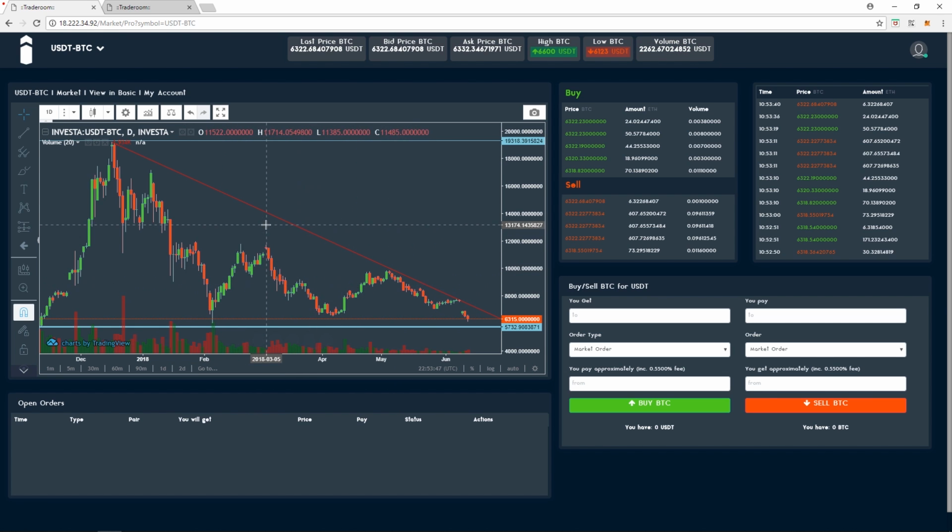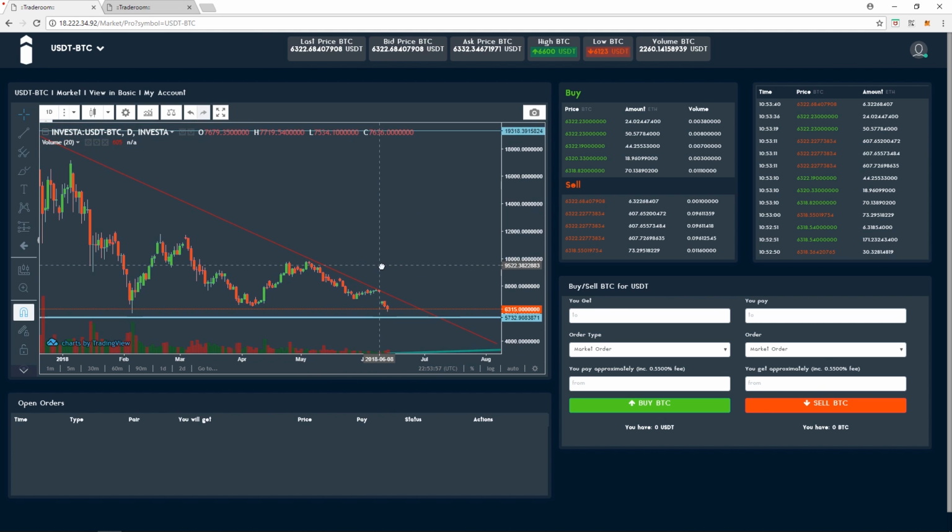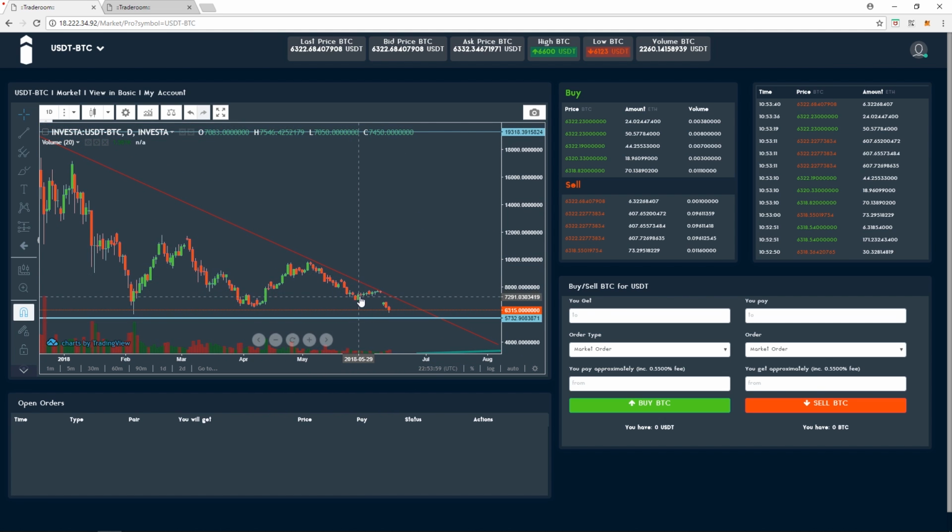So that is a sign that we're getting a compression in price. The price is getting compressed into this zone, and two things usually happen when price gets into a ranging sector and gets compressed.